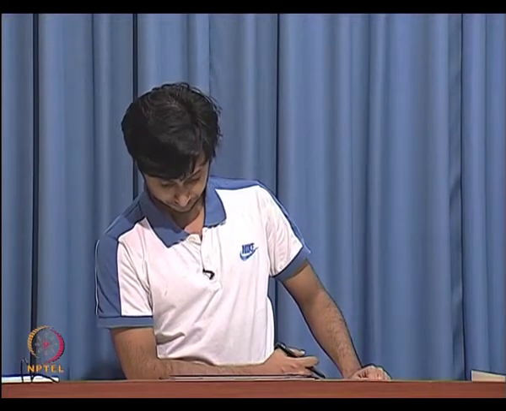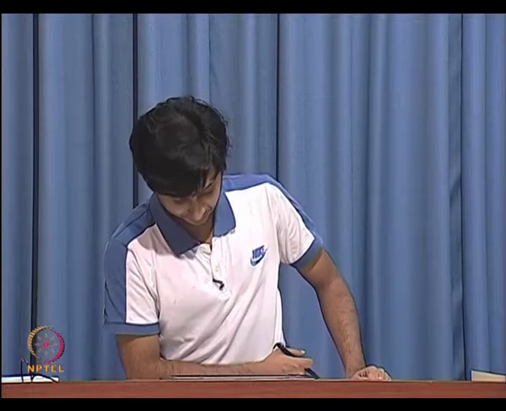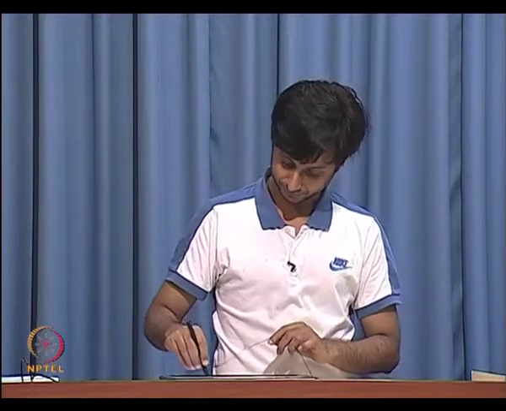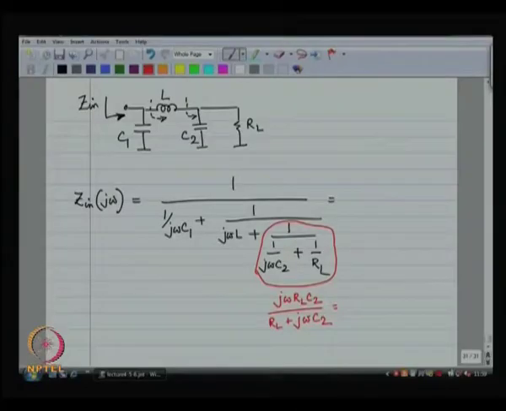So, at high frequencies the impedance is 0, at low frequencies, I am sorry, at low frequencies the impedance seen is R L. Does that pop out of this? Yeah, so I should not write it in this fashion. Yeah, so this is how we like to write it.